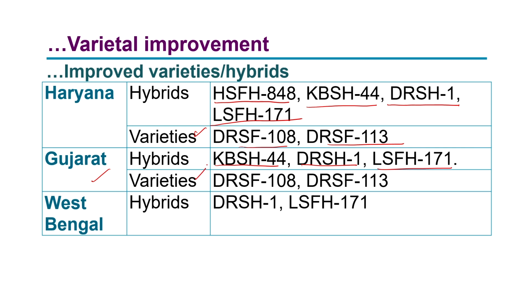And varieties for Gujarat state are DRSF108, DRSF113. And hybrids for West Bengal are DRSH1, LSFH171. So here was the list of different varieties and hybrids recommended for cultivation in different states of India.